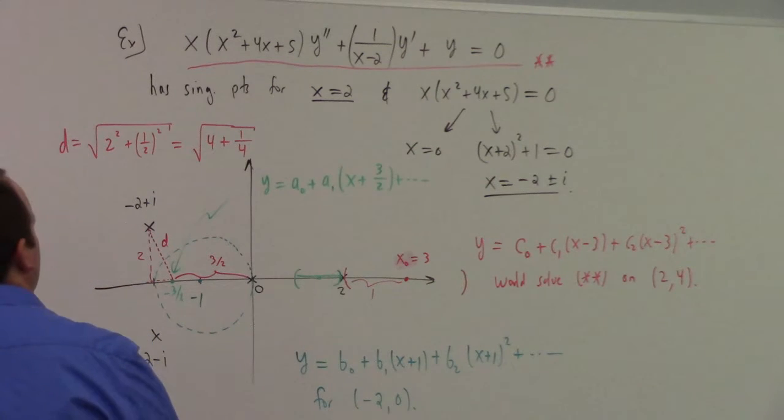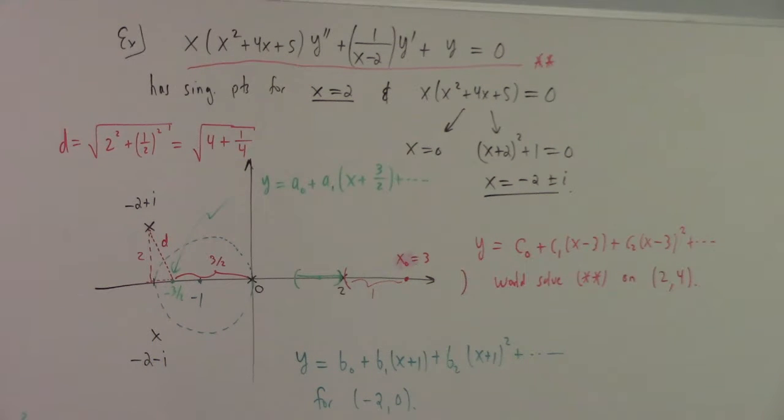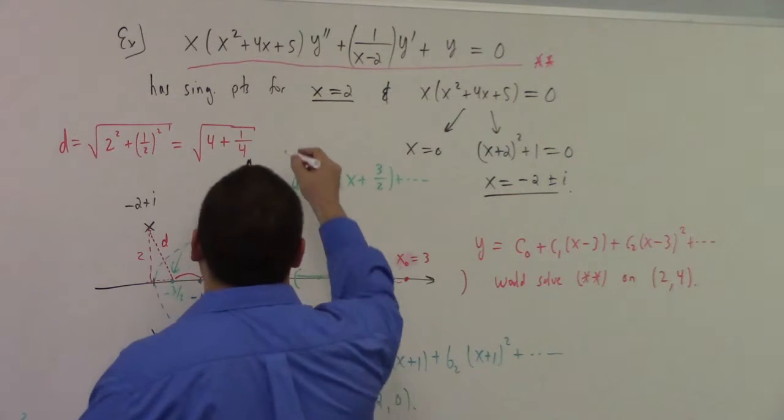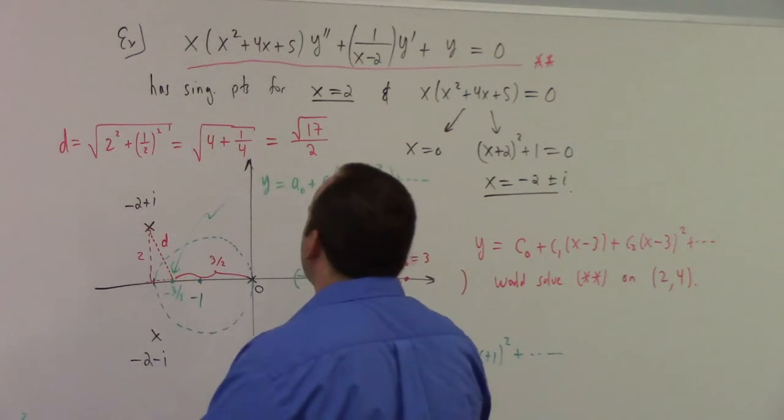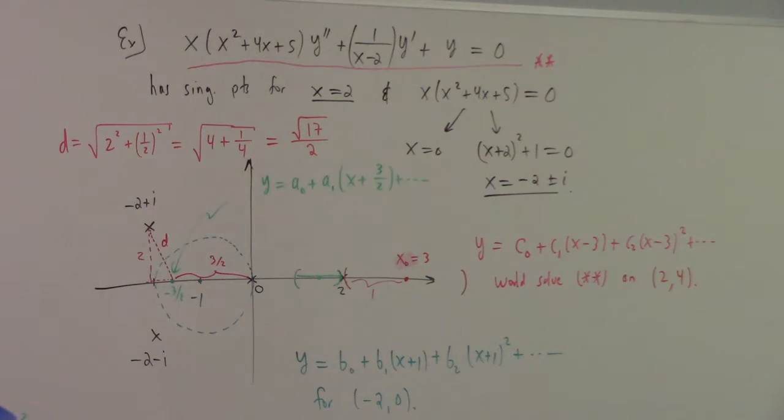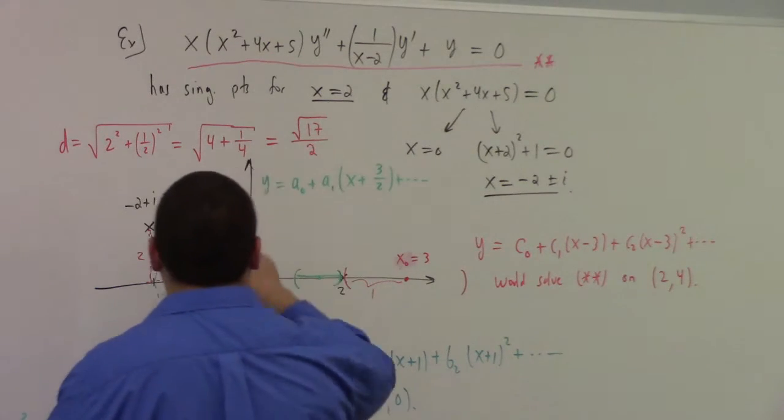It's kind of pretty, but it's kind of useless too. I want to compare it to 3/2. I guess I can convert that to square root of 17 over 2, since 16/4 plus 1/4 is 17/4. And then the question just becomes, which is bigger, the square root of 17 or 3?